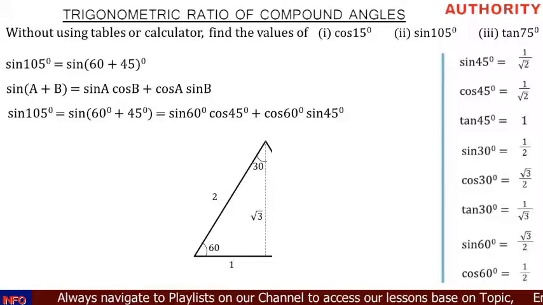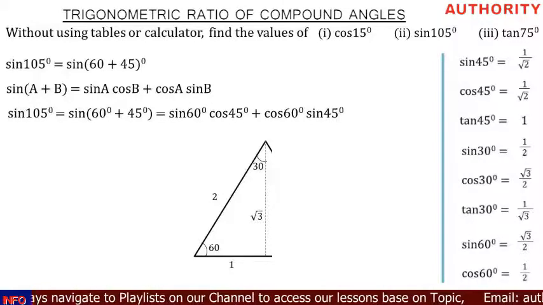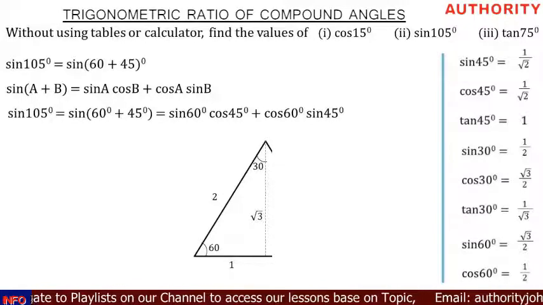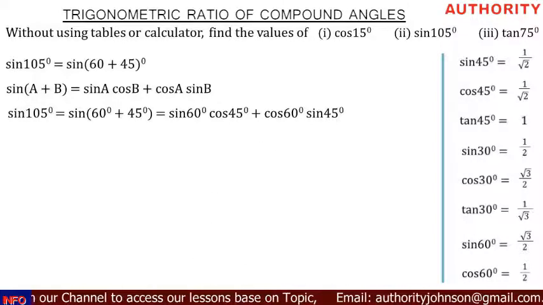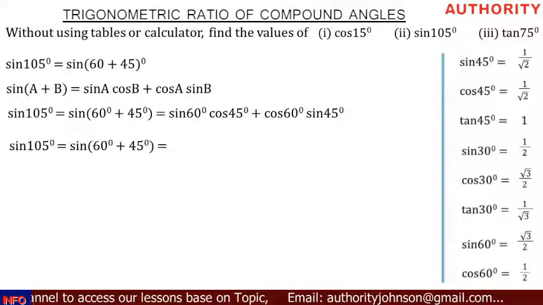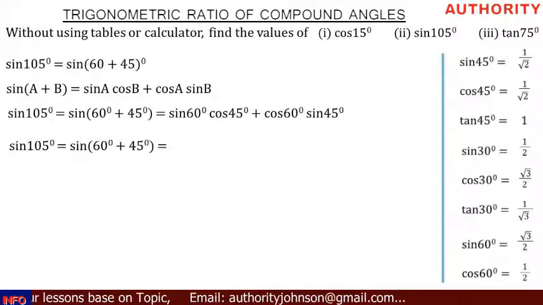Now from here, in this expression, let's fix their true values. Sine 105 degrees is equal to sine open bracket 60 degrees plus 45 degrees, which is equal to sine 60 cos 45 degrees plus cos 60 degrees sine 45 degrees.